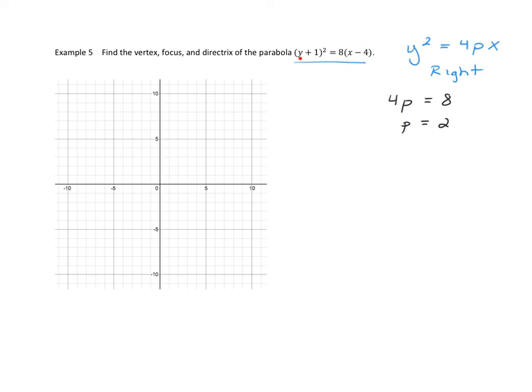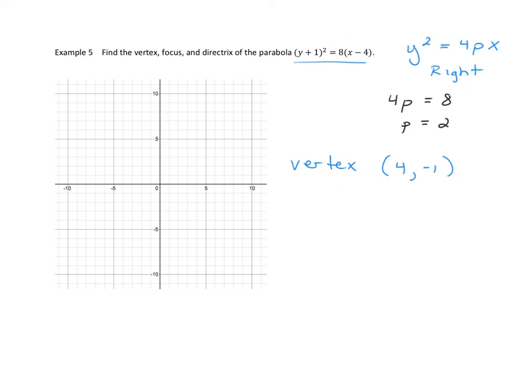If y is equal to -1 and x is equal to 4, you get 0, 0. So for this problem, I know the vertex is going to be at 4 for the x value and -1 for the y value. Because when you substitute those numbers, you'll have 0 is equal to 0, which is essentially this point on your parabola.